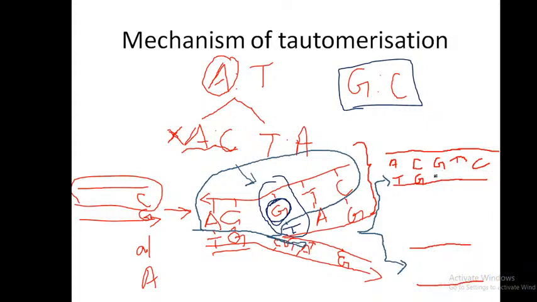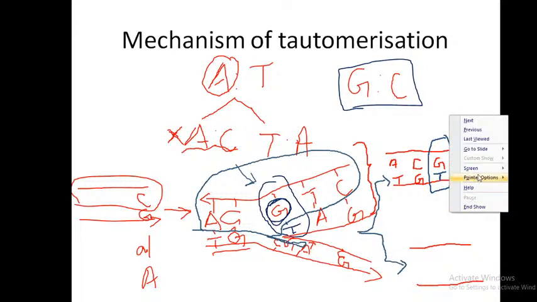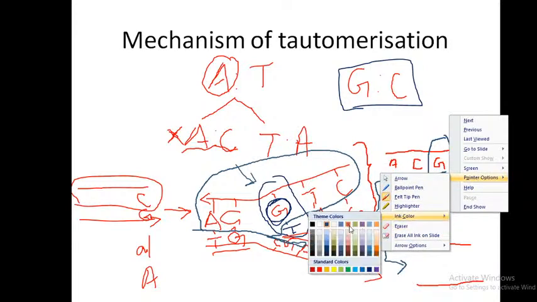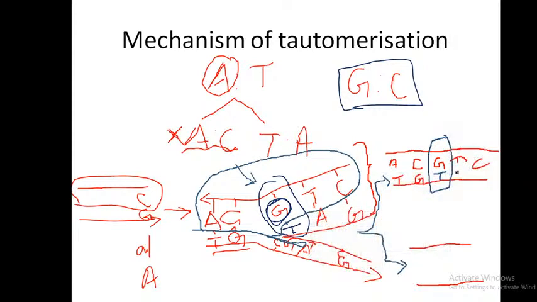So here guanine, instead of pairing with cytosine, has paired with thymine, and this is the change that has happened. And in the next portion, other bases have paired properly. That is T with A, C with G.